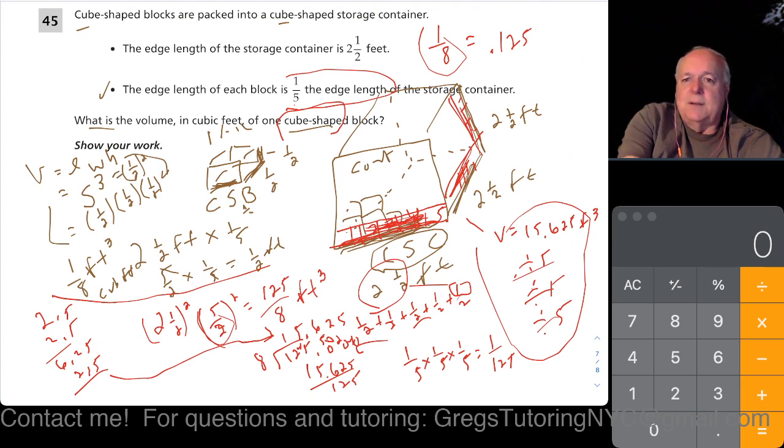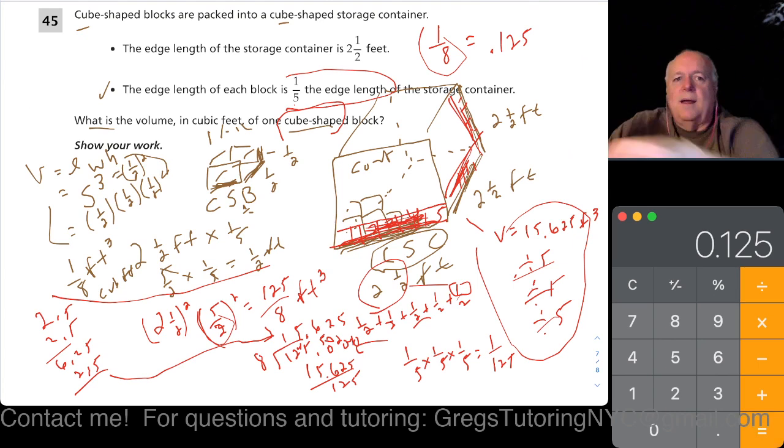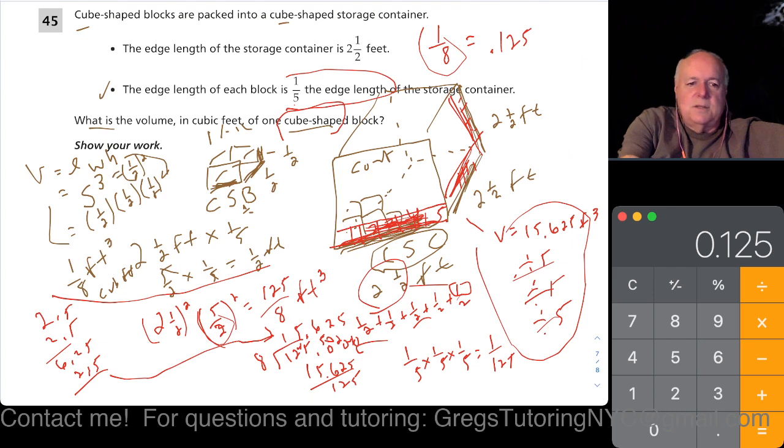All right, so let me see here. What are the numbers I have? 15.625 divided by, what did I say, 125? Oh, yeah, 0.125. There we go. All right, so let's get rid of the calculator.